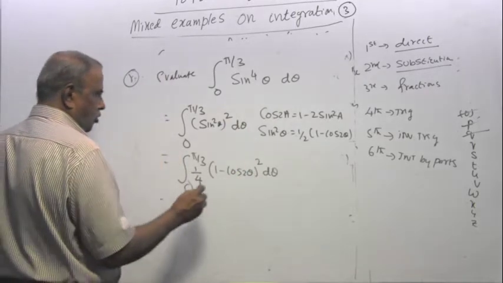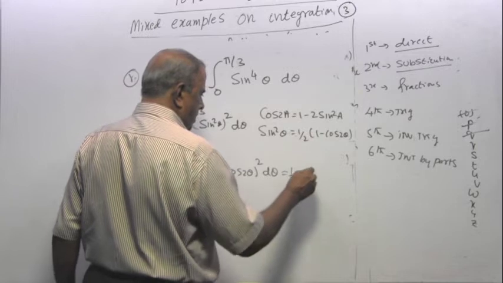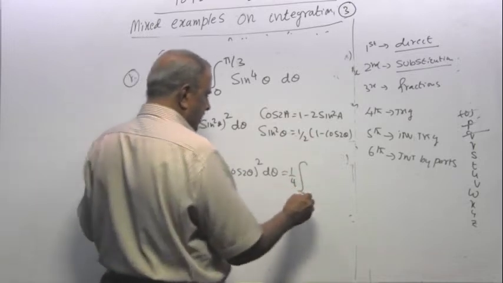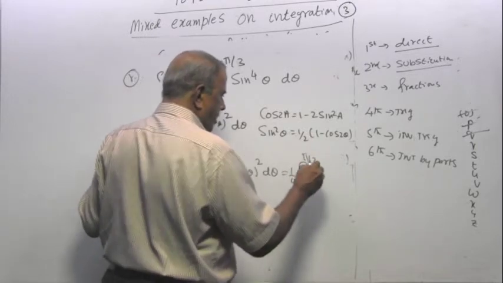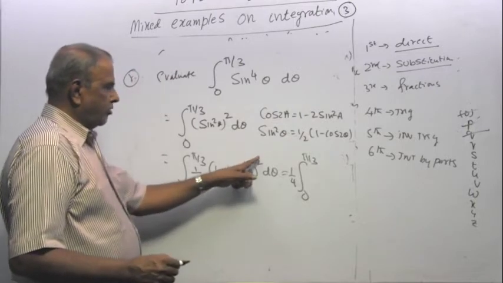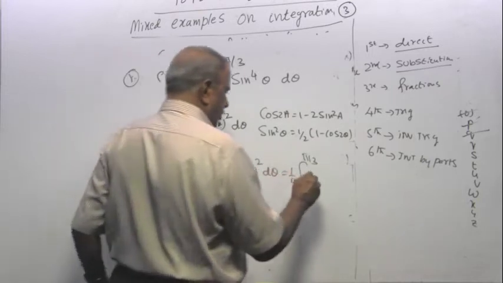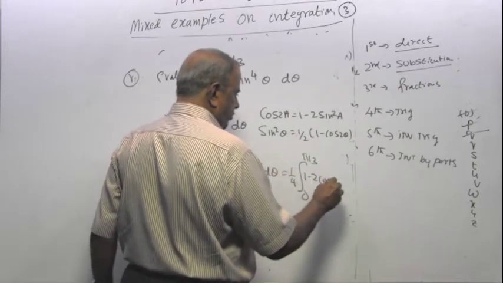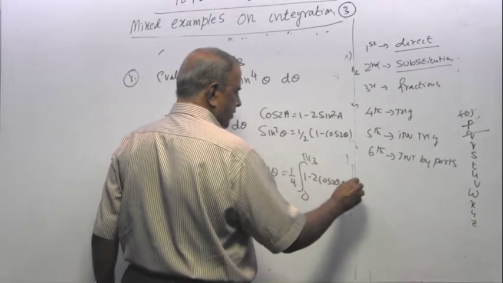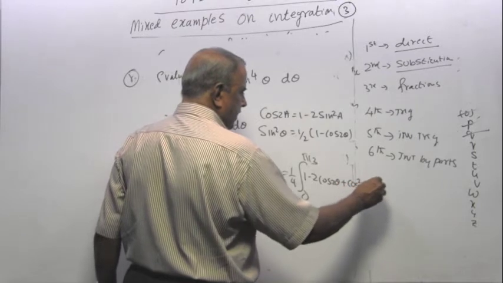I can remove the quarter as LCM. Remember, I can't integrate yet because there's a whole square and there's no derivative of cos 2 theta outside. So open the brackets. I get 1 minus 2 cos 2 theta plus cos squared 2 theta d theta.